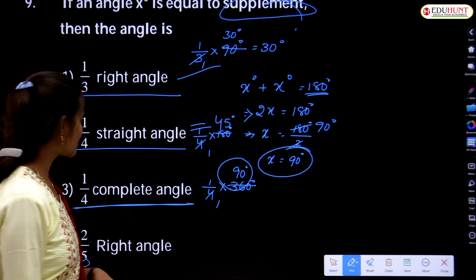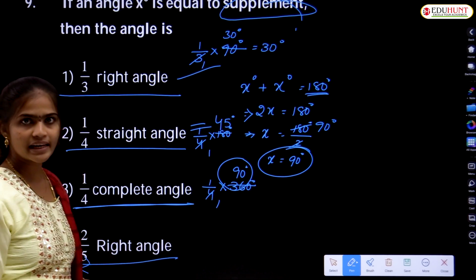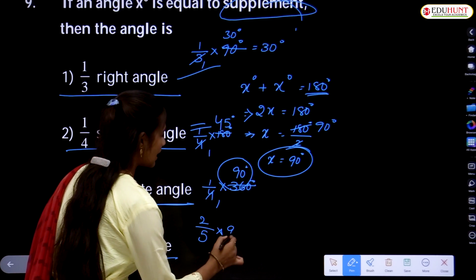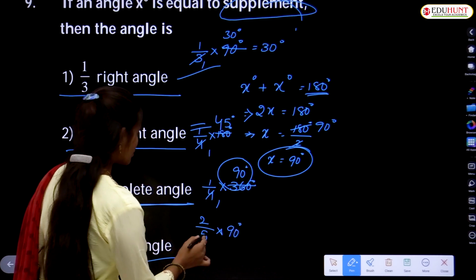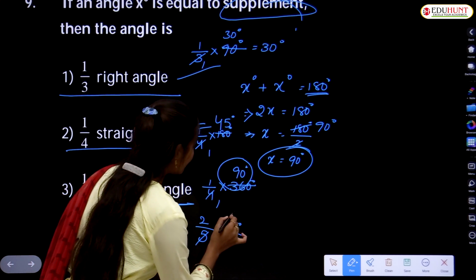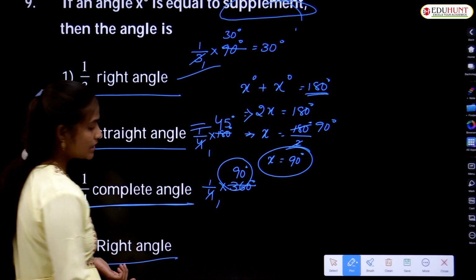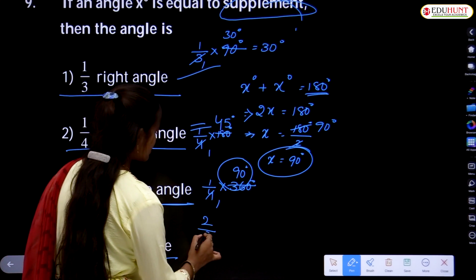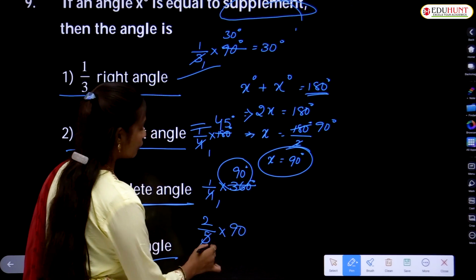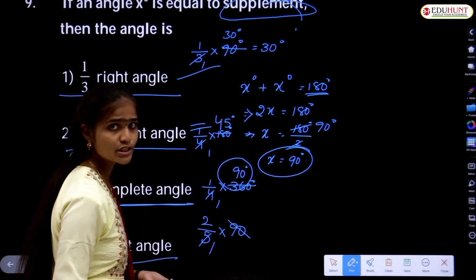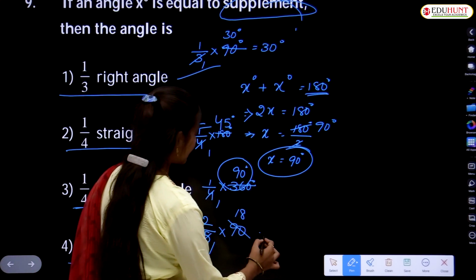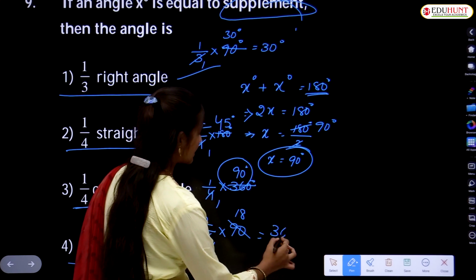Let us see another option also: 2/5 of a right angle. 2/5 of a right angle is 2/5 of 90 degrees. 5 into how much is 90? That is 18, since 18 fives are 90. So 18 twos is 36 degrees.